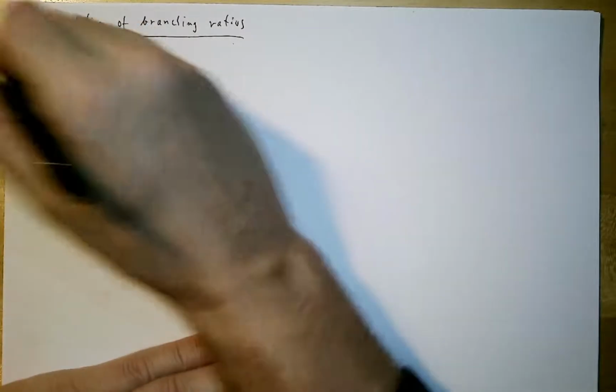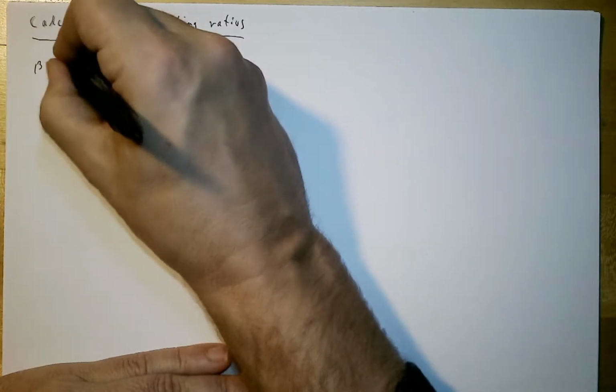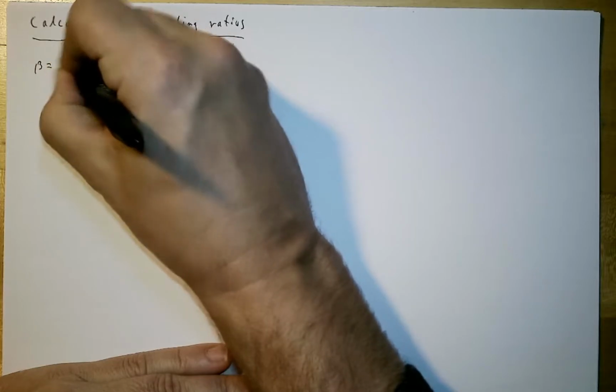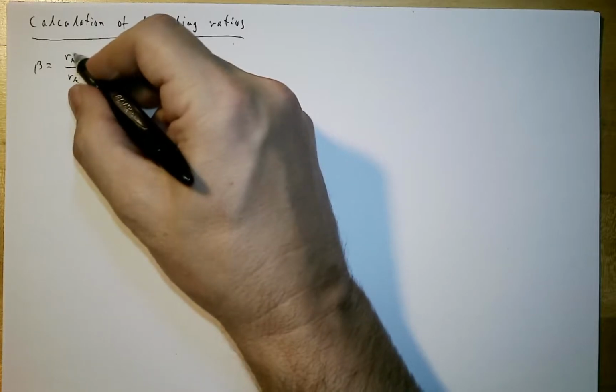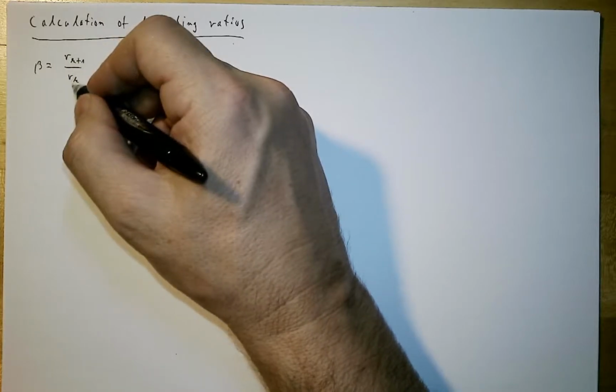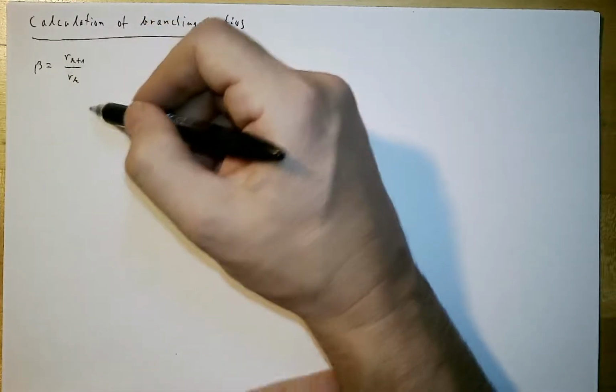The first we were interested in this beta. This was the radius at the next level of the branching, the radius of a vessel at the next level divided by the radius before. And now the question is, how do we get to this?